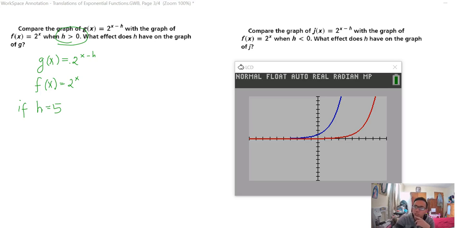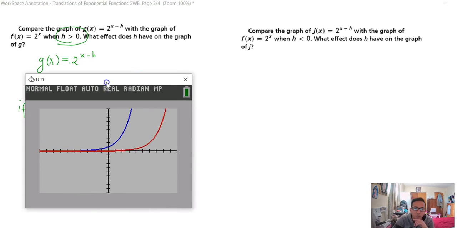So the graph of g was translated 5 units. The graph of g is a translation of f to the right by 5 units. This is our original equation. It was translated 1, 2, 3, 4, 5, and it moves like that.